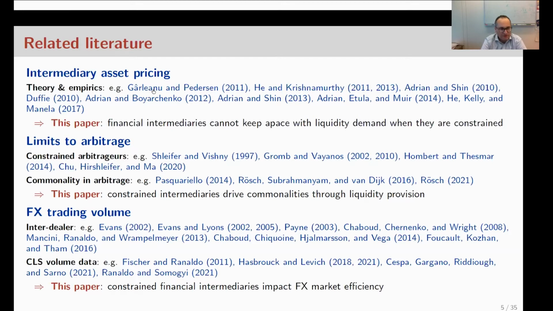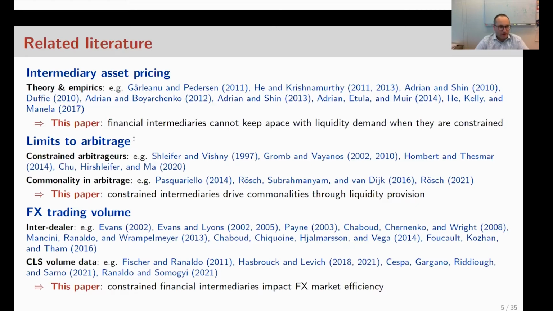So to this literature, our paper offers a new perspective, in particular, I would say, focusing also on the role of quantities, in particular intermediated volume of transactions, which has typically not been studied before in this literature. And a key point of our paper being that when financial intermediaries are constrained, their liquidity provision does not keep pace with the liquidity demand.